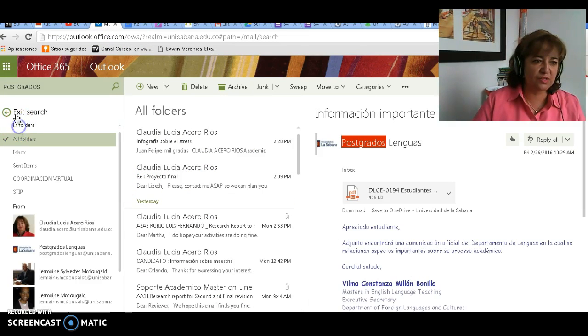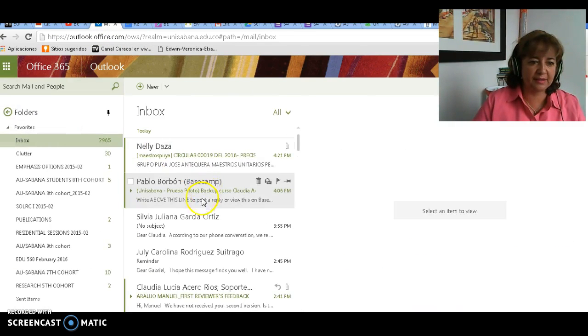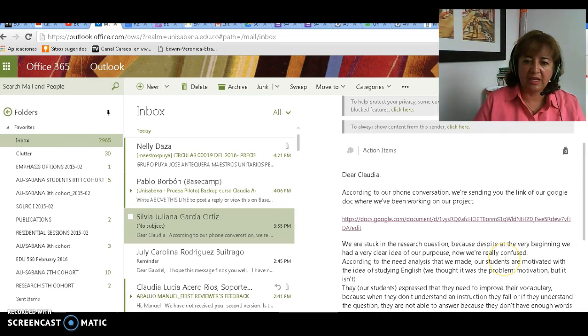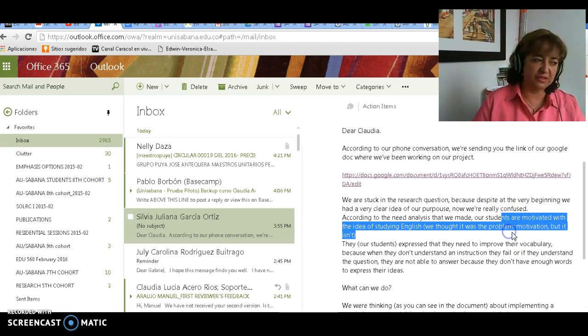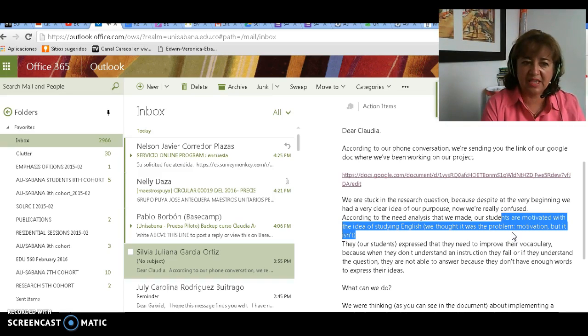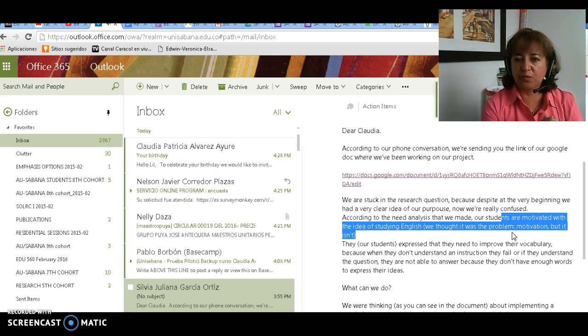Your next question is, where is that one? You feel that you are in this moment a little bit confused, and you were talking about motivation, etc. Yes, the problem is not motivation. The problem is how we are helping our students to learn better English, and how we are helping students to become more autonomous in learning vocabulary.